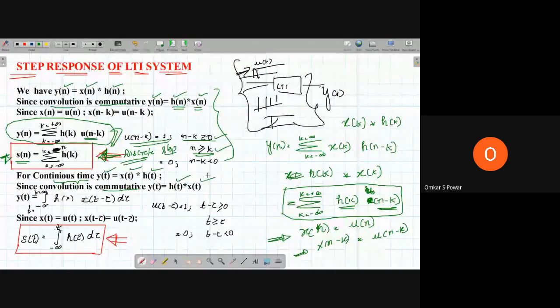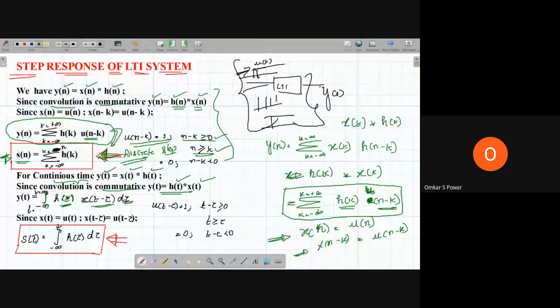So y of t is equal to integral minus infinity to infinity h of tau into x of t minus tau d tau. Otherwise it would be integral minus infinity to plus infinity x of tau into h of t minus tau. Here since it is commutative, we do the reverse: integral minus infinity to infinity h of tau into x of t minus tau d tau.